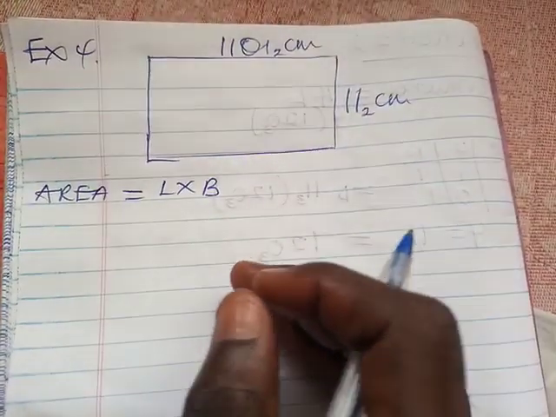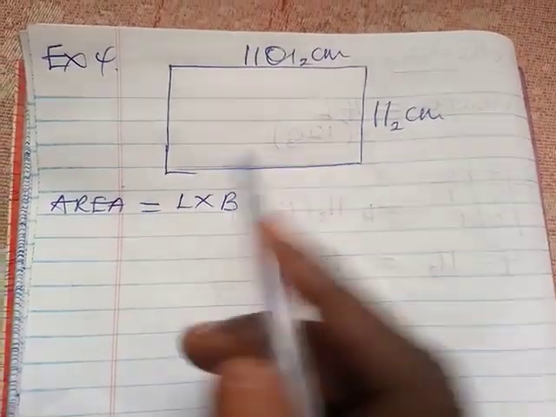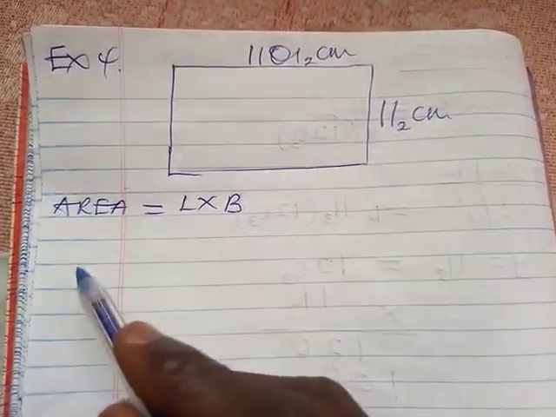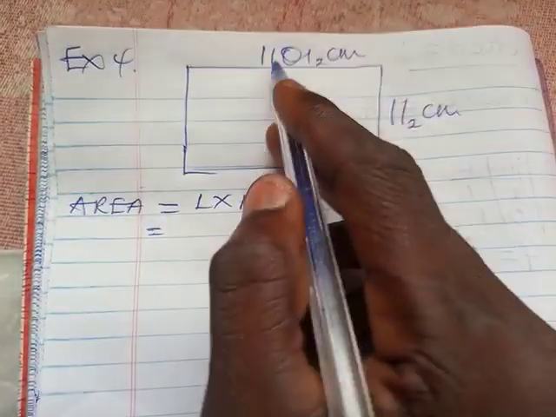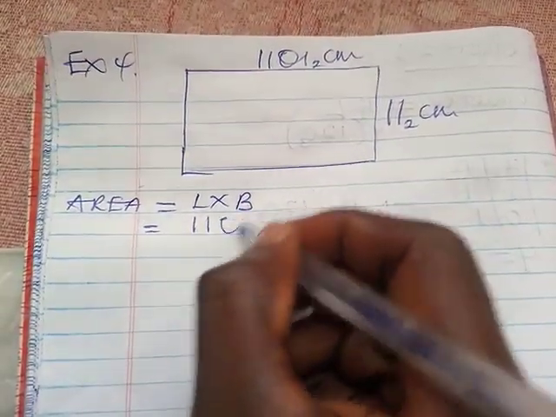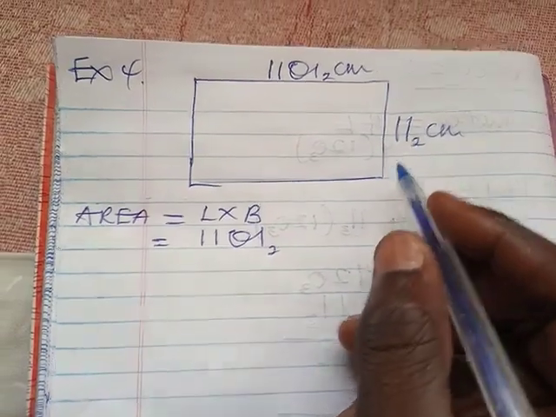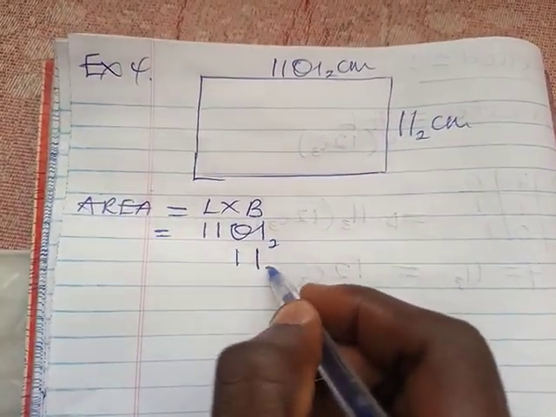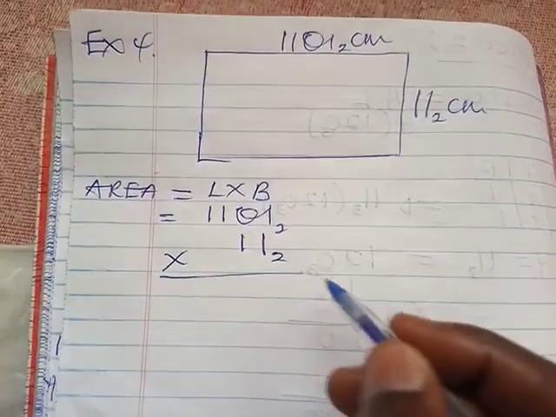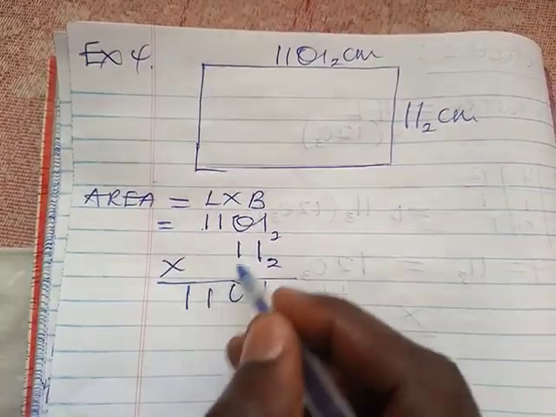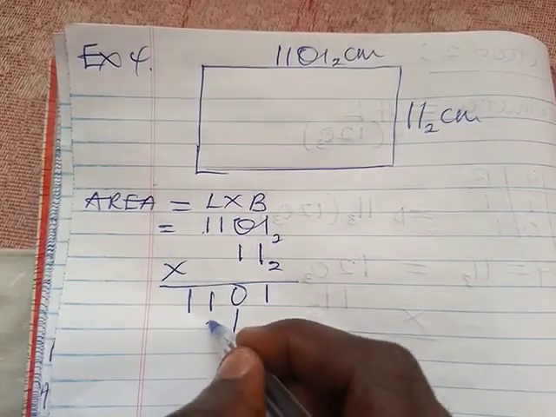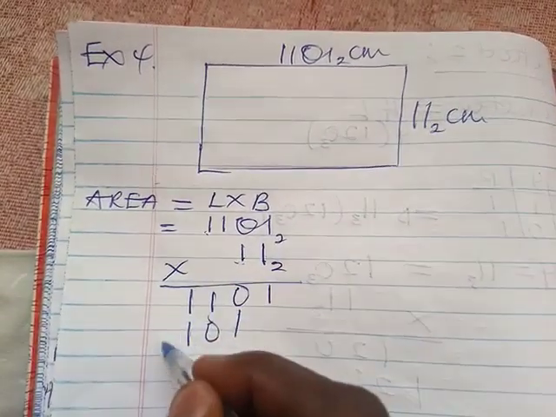Now let's look at this case too. We have a rectangle here. We have to find the area of the rectangle. Area of rectangle is given as length times breadth. So the length, which is 1101 base 2, and the breadth, which is 11 base 2. So we have 1 1 0 1, and we have 1 1.